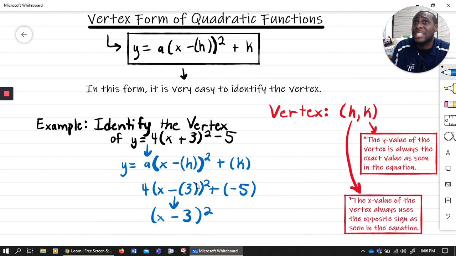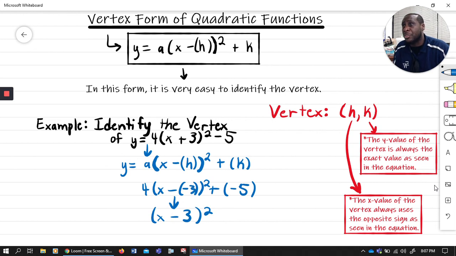Using this form, if h was a positive 3, the equation would have to be written as x minus 3. So again, that lets us know, guys, that h must not be a positive 3. So again, I'm going to erase that. So clearly, guys, h is not positive 3, but h is negative 3, right?